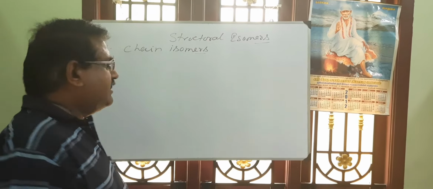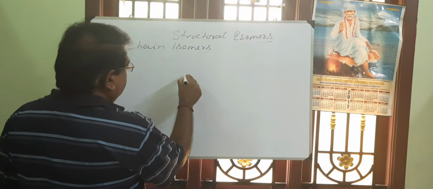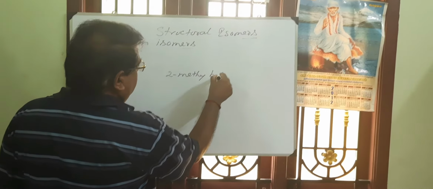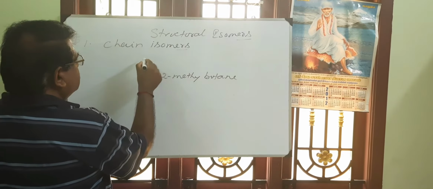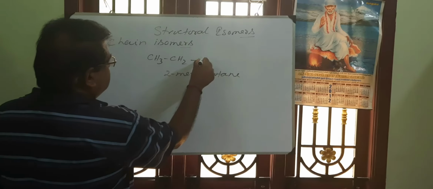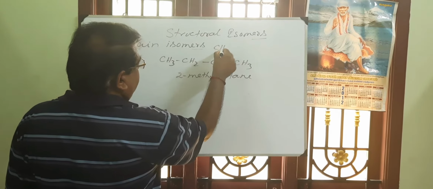Now let us consider another example for chain isomers: 2-methylbutane. The structure is CH3, CH2, CH, CH3 and CH3.